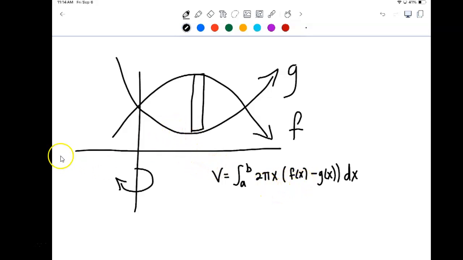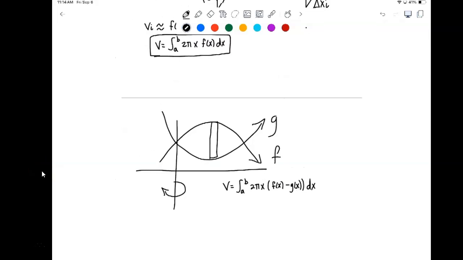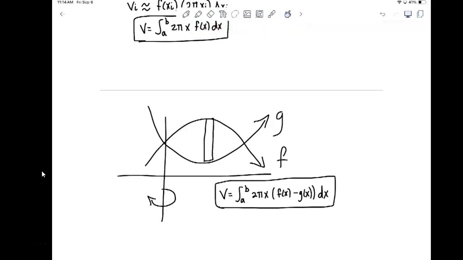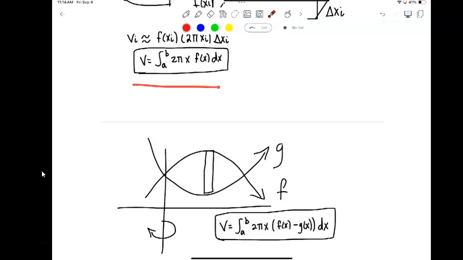That's the introduction. Now we're going to pick up in some future videos on how we actually use these shells to compute. And again, we have two versions of it. The one where the height function is touching the x-axis, and if it's a region between two things that we're revolving, then we use the difference of the two functions.